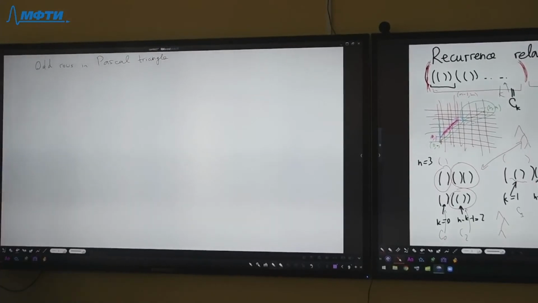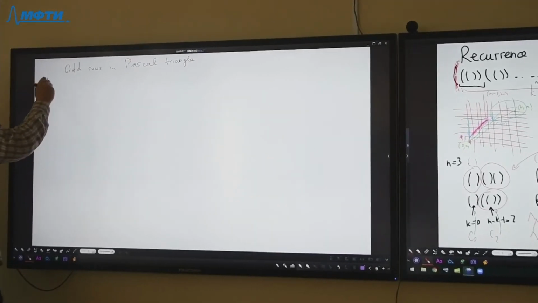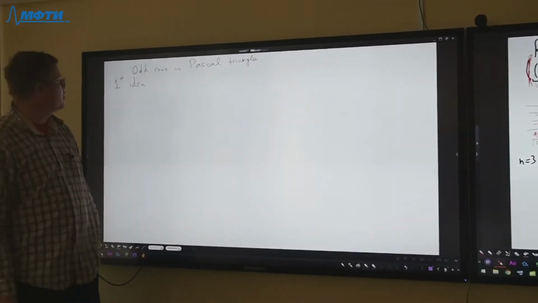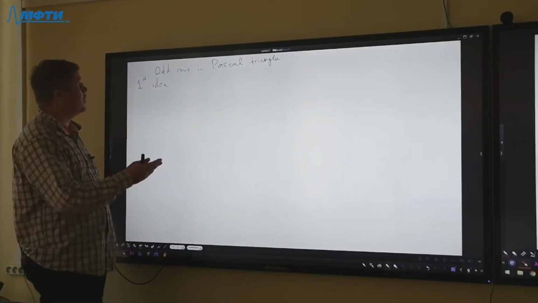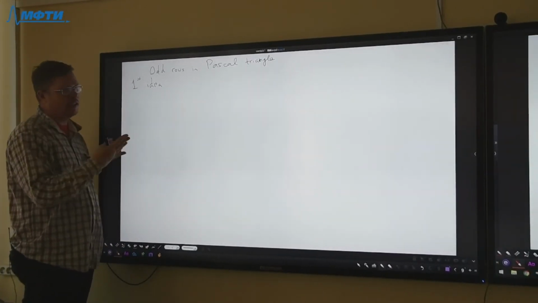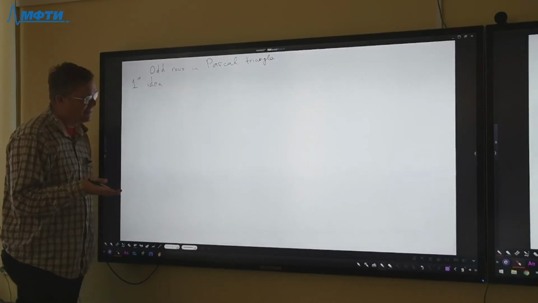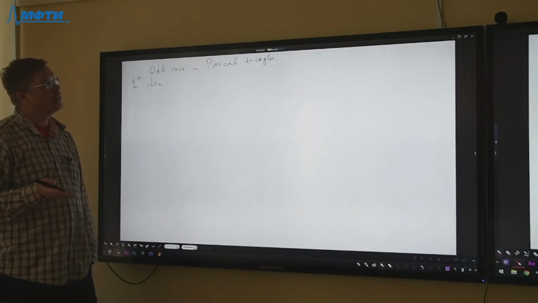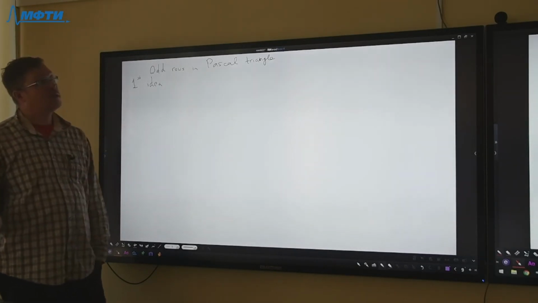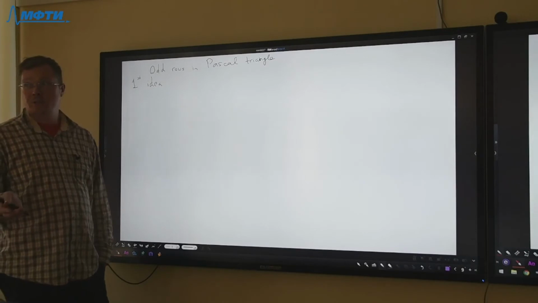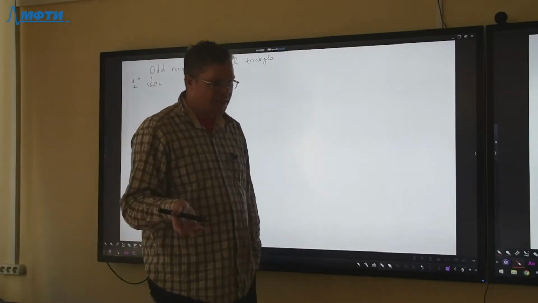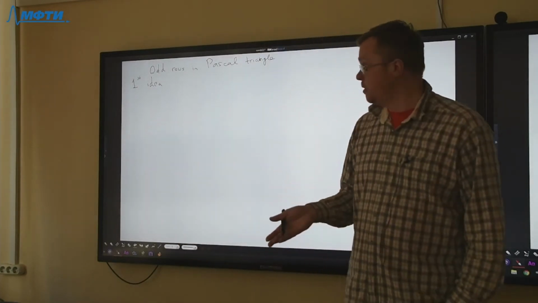Pascal triangle. So the first idea is to try to manipulate with the binomial formula. If you care only about odd and even rows, I don't know if you have a number theory course, but you can just take all coefficients modulo 2, because all you care about is whether you have 0 or 1 modulo 2.